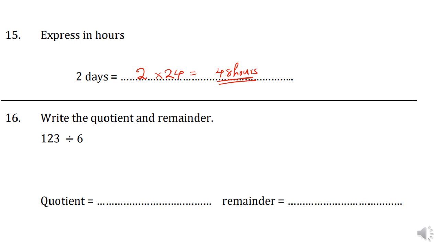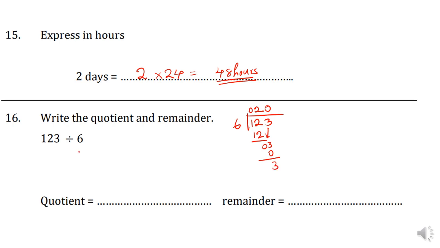Write the quotient and the remainder. To write the quotient and the remainder, you have to do long division. So 123 divided by 6. For 1 there are no sixes, and for 12 there are 2 sixes. 2 into 6 means 12, and this is 0, and you take down this 3. For 3 there are no sixes, there are 0. 0 into 6 is 0. Then you get the remainder is 3.